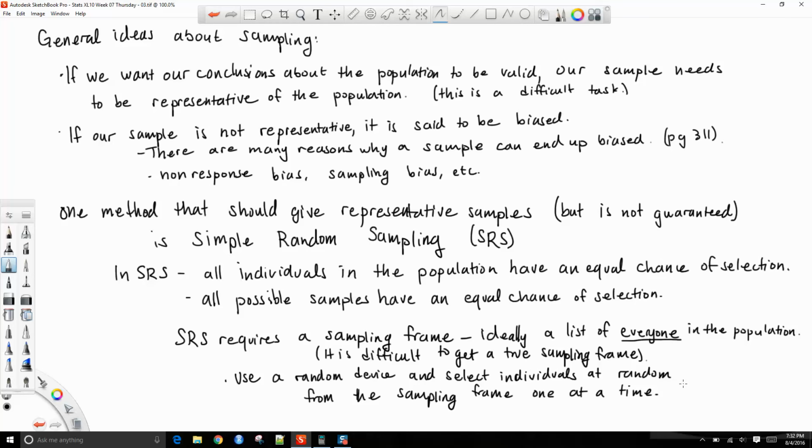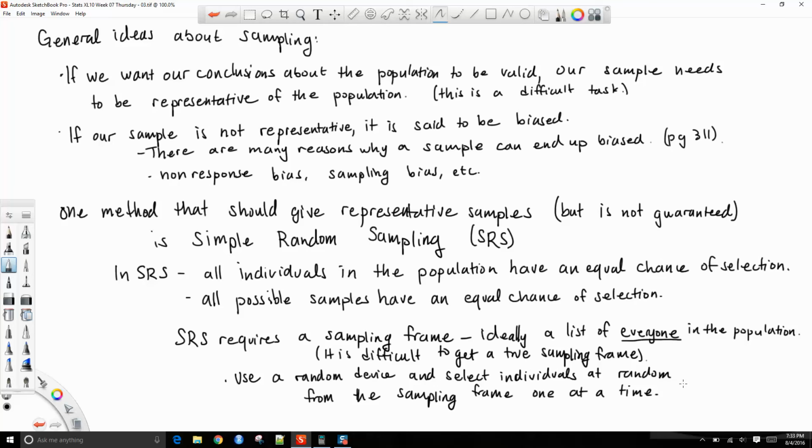Are there a set of rules for the... The rule is use a random device to pick from the list who you're going to select, okay? So basically, first you need a list of everyone in the population.